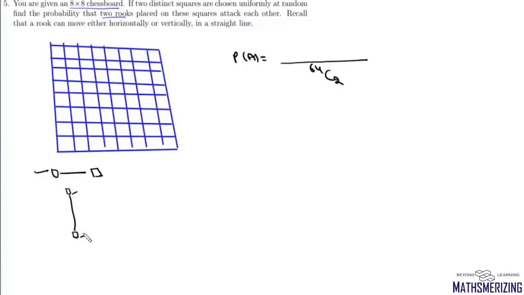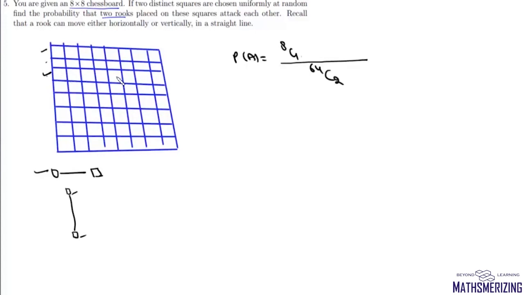So we'll take this case 1 when the two rooks are on the same horizontal file. So we have 8 files. So from these 8 files, we can select any one file, and it can be done in 8C1 ways. Now once we have selected any file, then on this file, if we select any two squares, these two rooks will be attacking each other.